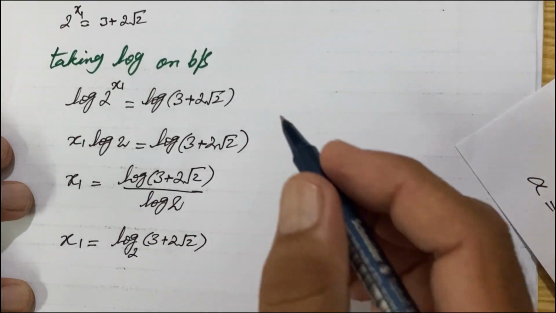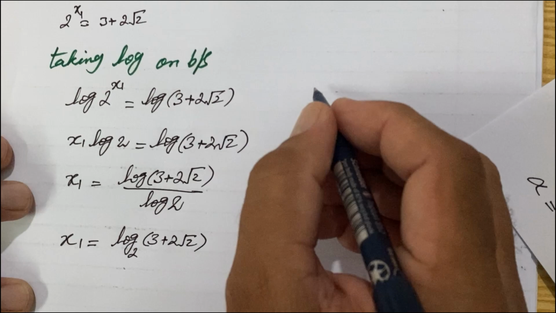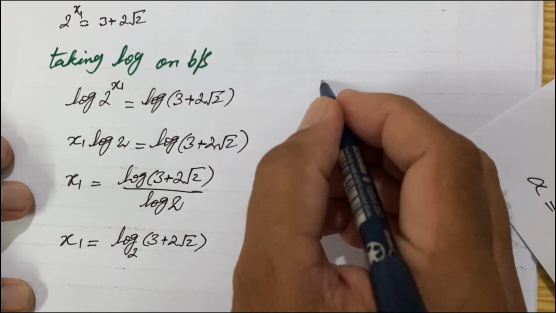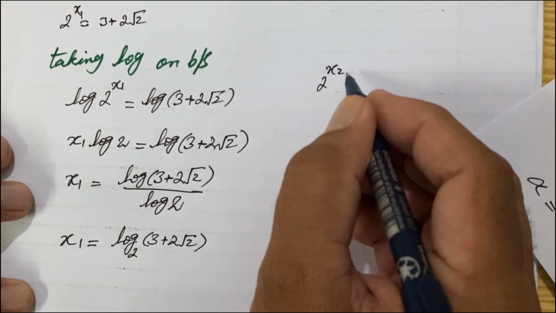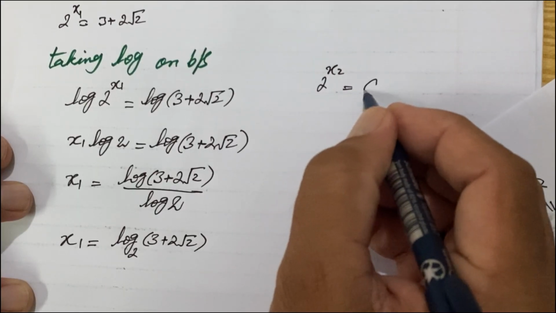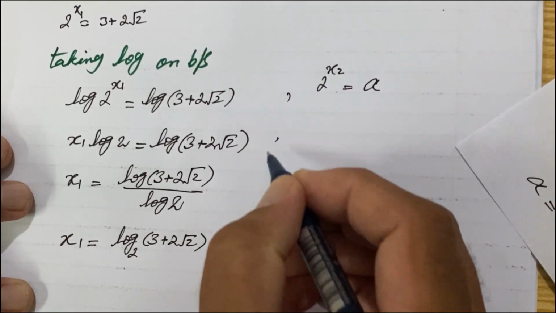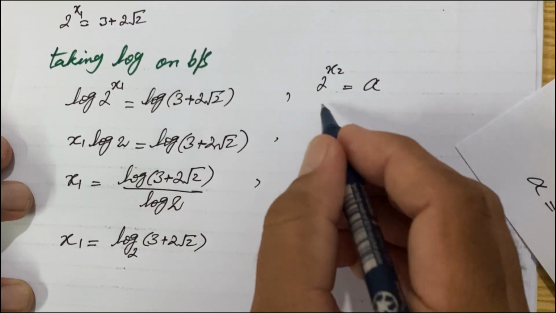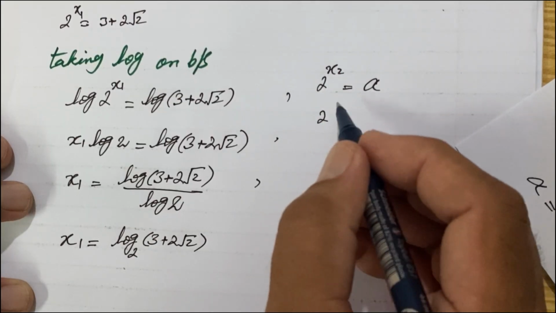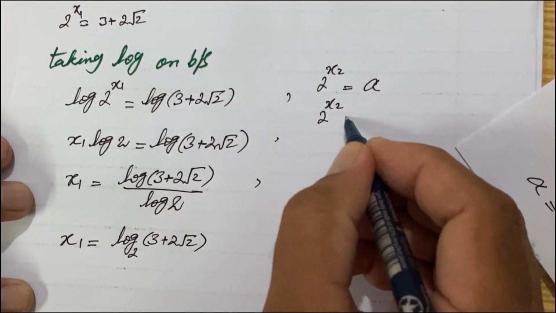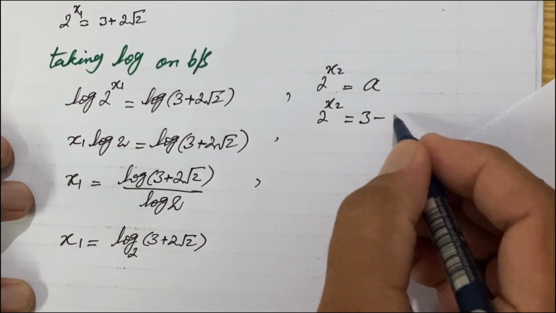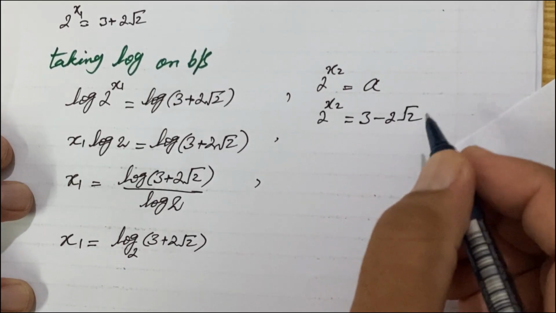Now, using 2 raised to the power x2 is equal to a, 2 raised to the power x2 is equal to 3 minus 2 under root 2.